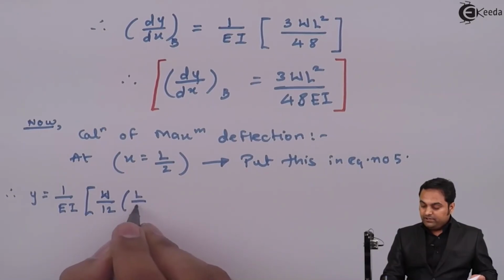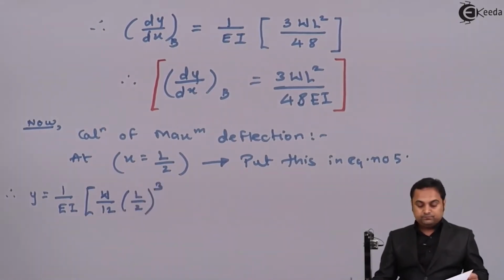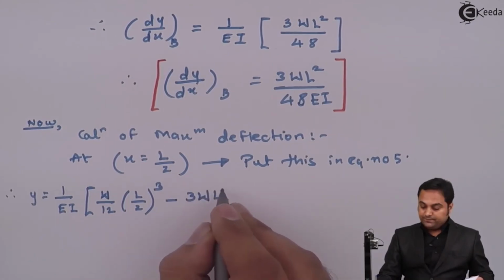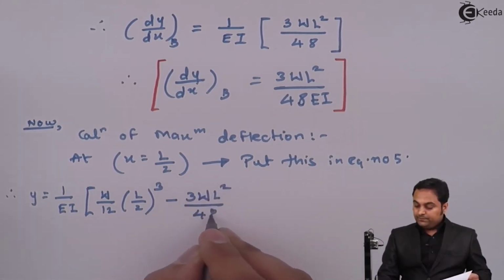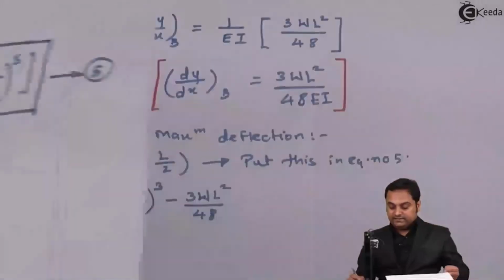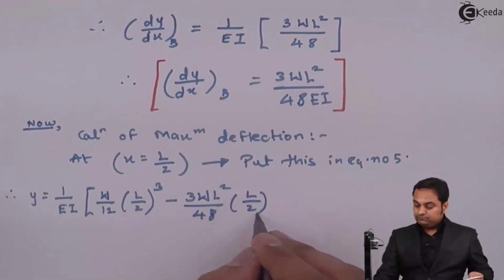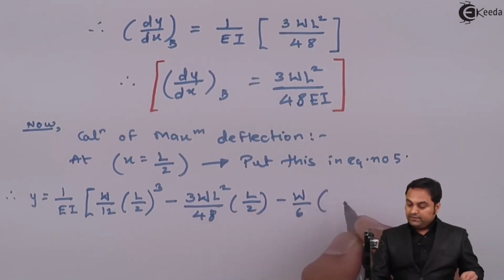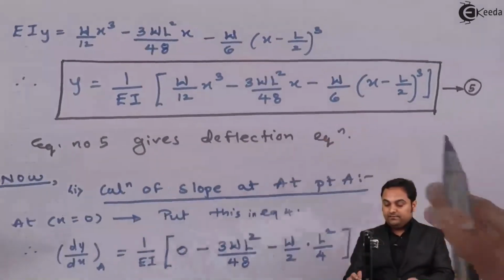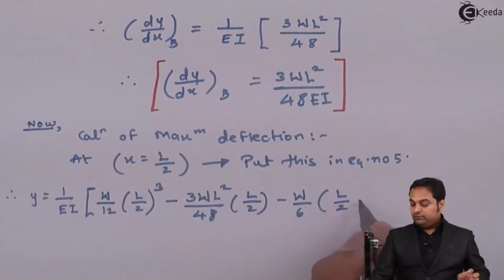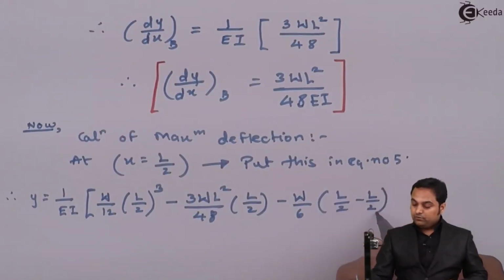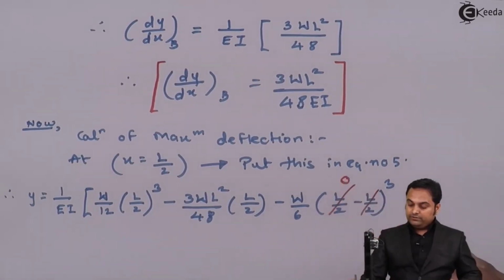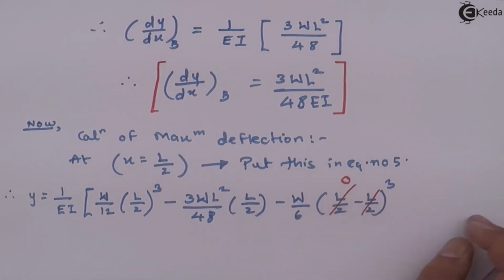So we have L by 2 cube minus 3wL square by 48 into x is L by 2, then minus w by 6, x is L by 2, so L by 2 minus L by 2 whole cube. Now this last term would be cancelled out, L by 2 minus L by 2 is 0, so this term is entirely 0.